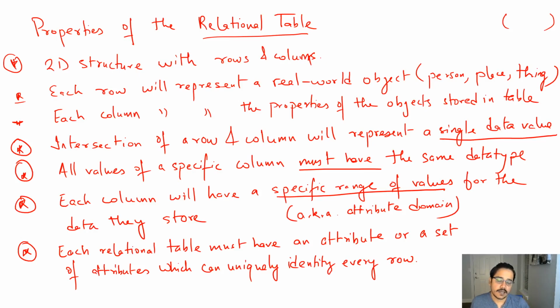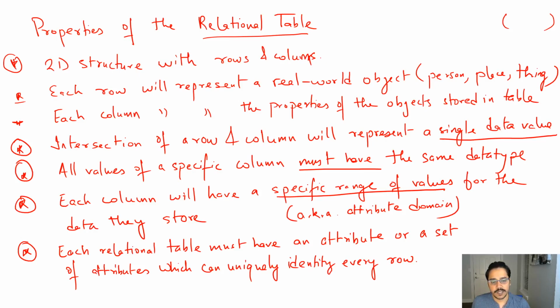But beyond that, you have to ensure that all the last remaining properties are actually present for any relational table, right? That you cannot store multiple values in the intersection of a row and column, okay? And then you cannot have different data types for different values of a specific column.